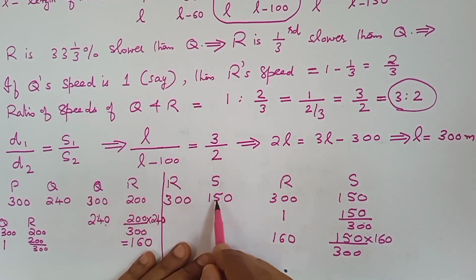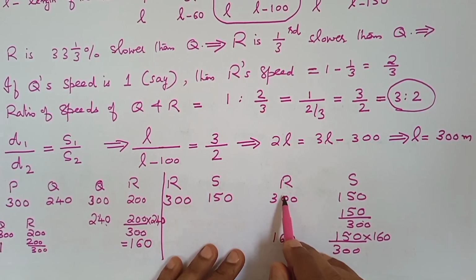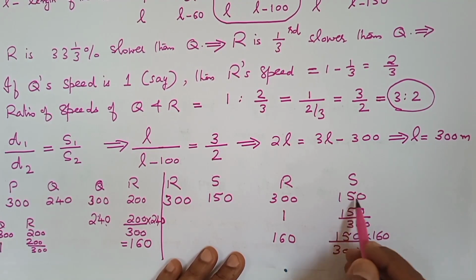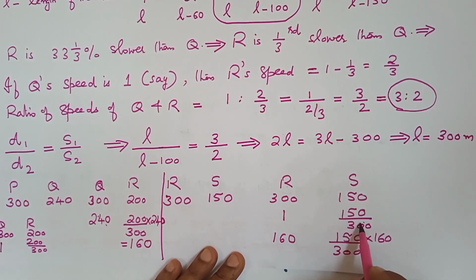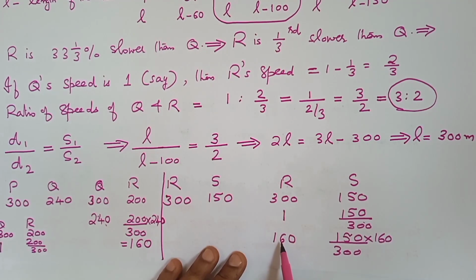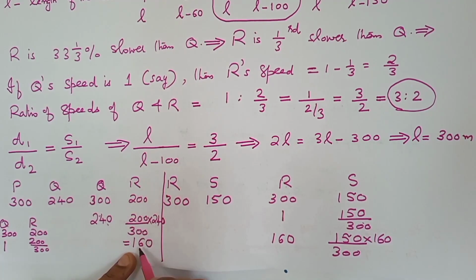Similarly, let me write this again here, a little away from here. I don't have space here. So this means R covers 300, S covers 150. So that when R covers 1, S will cover 150 by 300. When R covers 160, S will cover that into 160. Why am I taking 160? Because R is 160 here.